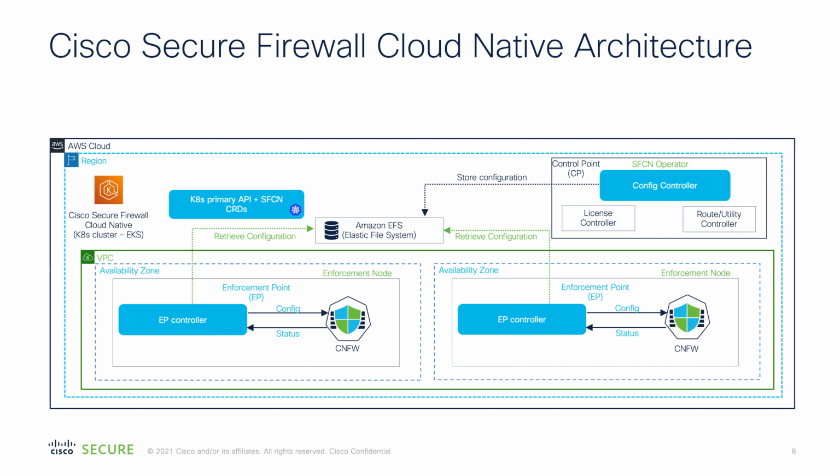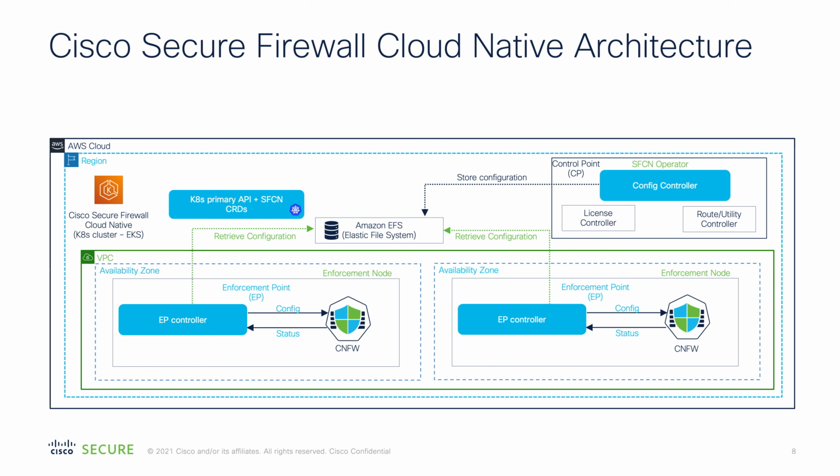It processes the traffic, and the control point is, on the other hand, responsible for config management, license control, and it also adds routes in your environment. The moment a new worker node or EP is instantiated, CP will ensure that it is stitched into the data plane.